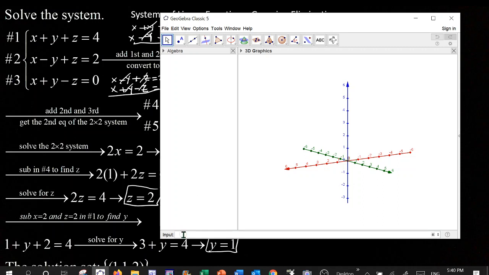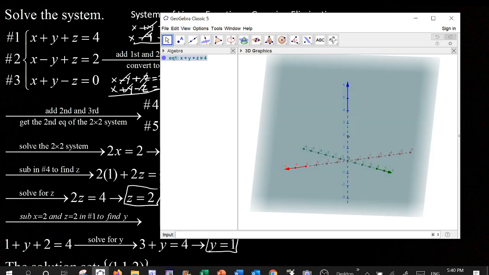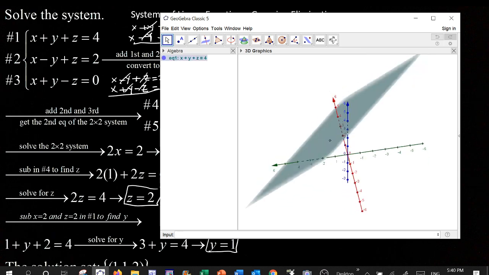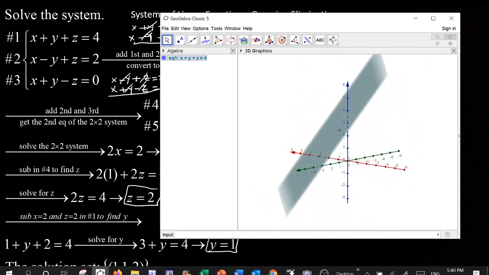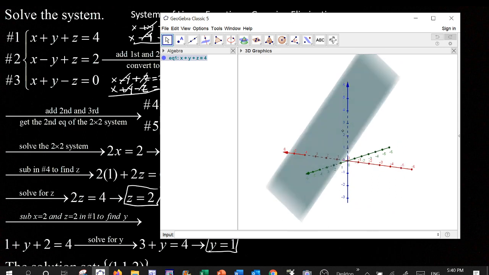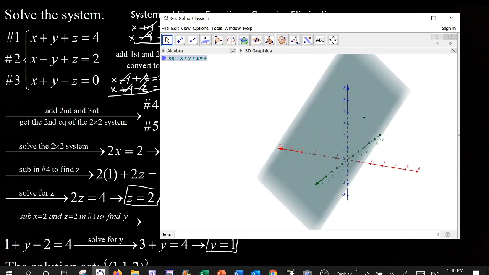So when we graph an equation that has 3 variables, like x plus y plus z equals 4, what we get is, you see the plane right there? So it's a flat plane in 3D. So basically that flat plane connects all the points in space that satisfy this equation.